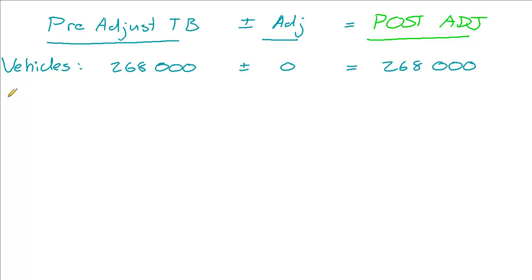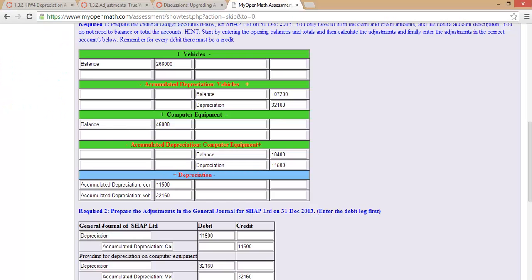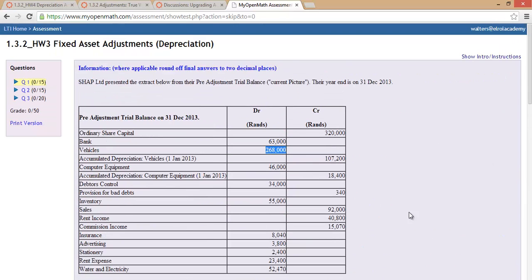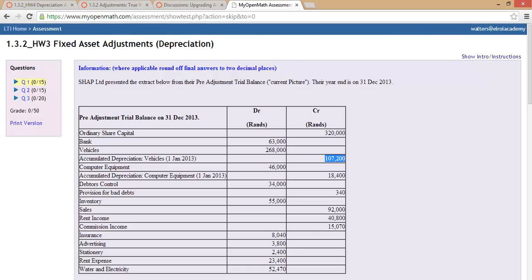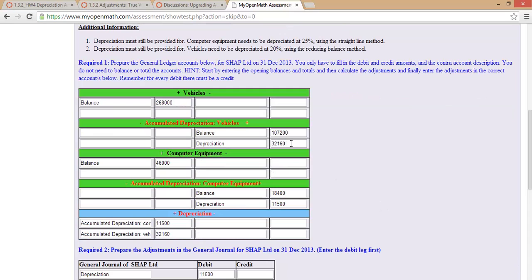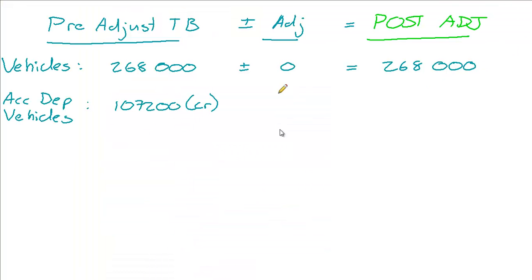If, however, we look at accumulated depreciation on vehicles, my pre-adjustment trial balance gives me a balance of 107,200, and that is a credit. In addition to that, in my journal entry, we've got another 32,160 also on the credit side. So I can enter that.